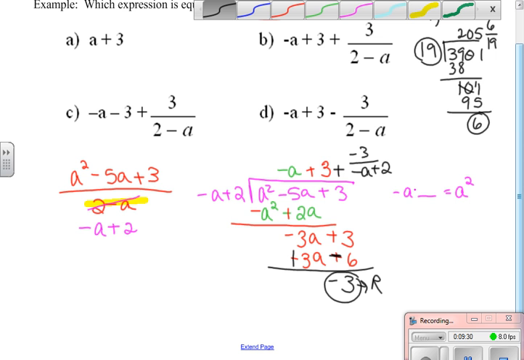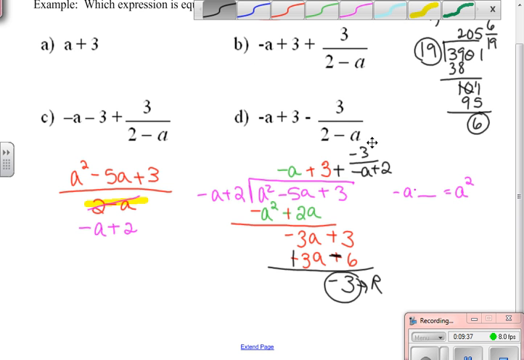And so when I look at this as my potential answer and I clean it up a little bit, I have negative a plus 3, and I'm going to switch this order back, plus negative 3 over 2 minus a. Which of my choices?